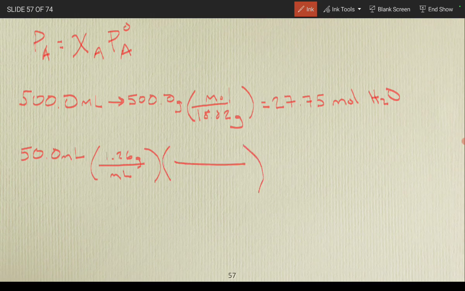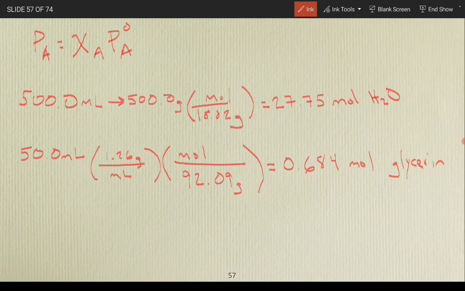Since we had the formula on the previous slide, we can figure out the molar mass of glycerin is going to be 92.09 grams per mole. So we can determine that we're going to have 0.684 moles of the glycerin.